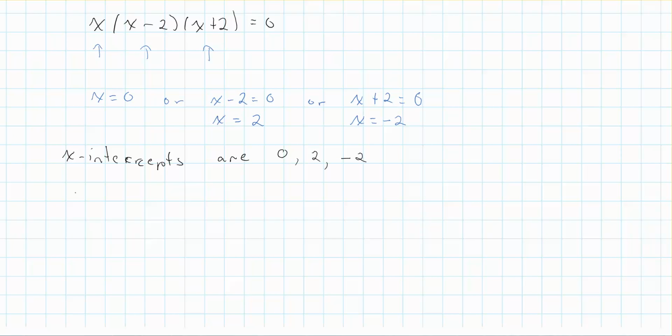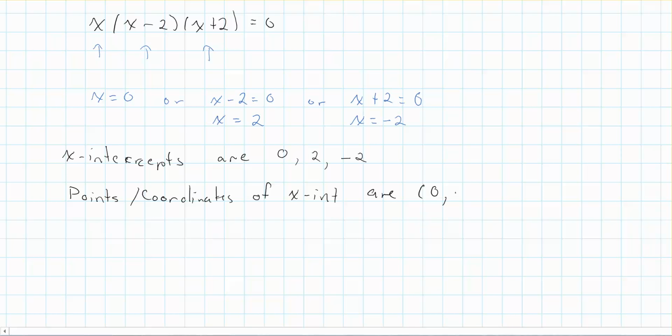Now I want to emphasize here the points or the coordinates of the x-intercepts are, well, we have (0, 0), (2, 0), and (negative 2, 0). And of course, we know that the y value is 0 for all of those pairs because, again, that's the definition of an x-intercept.